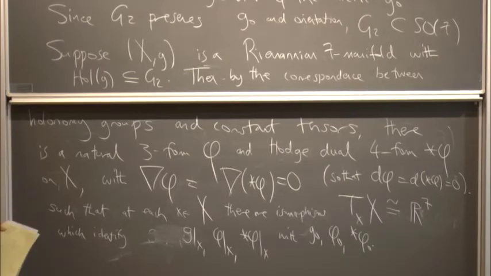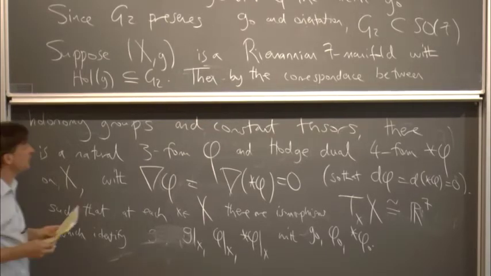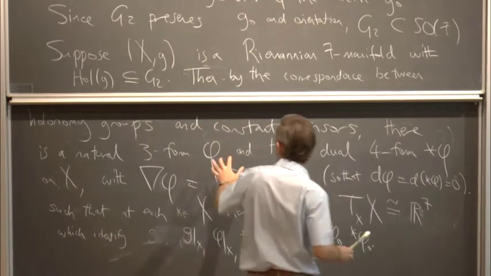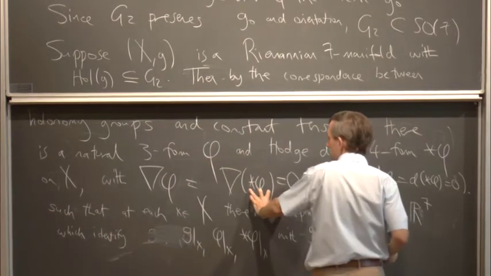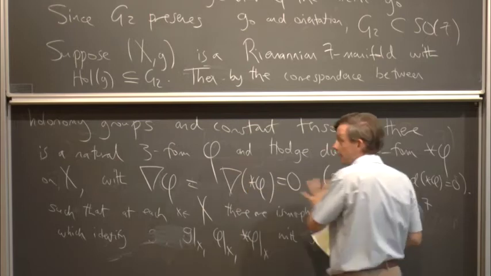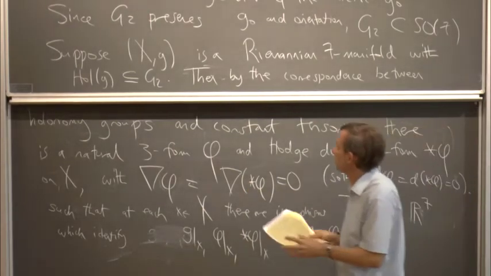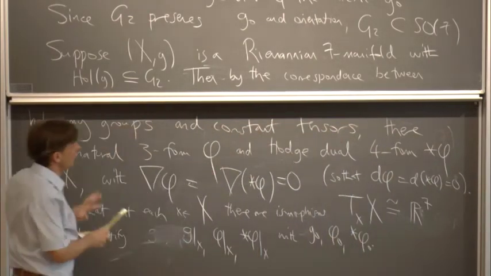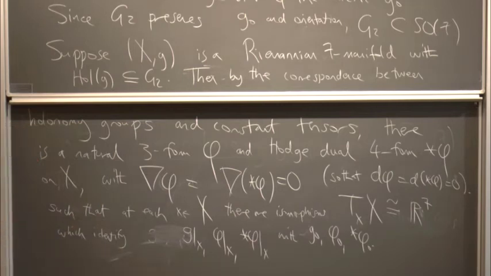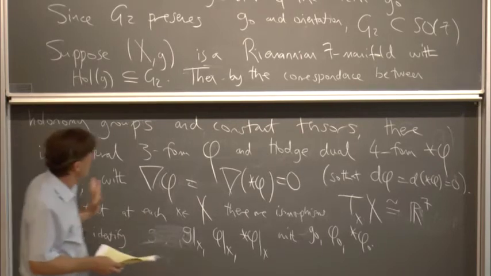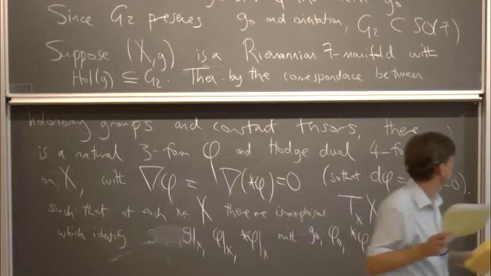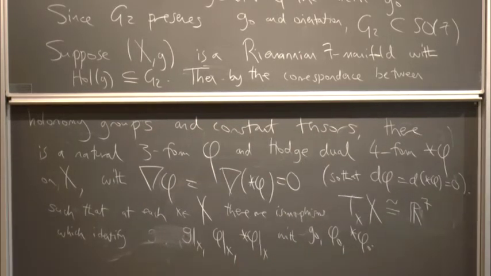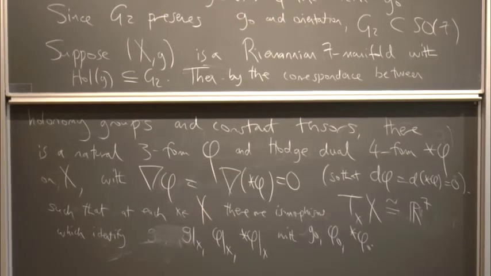So when we're thinking about metrics with holonomy G2 or holonomy contained in G2, it's much easier to think in terms of this 3-form phi and its Hodge star 4-form star phi than to try and work just with the metric or to work with the G2 structure in the sense of some principal subbundle of the frame bundle. So basically you get used to thinking about G2 structures in terms of these special 3 forms.